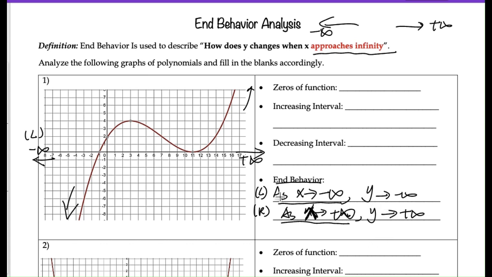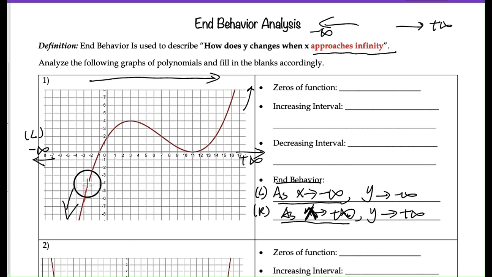Okay, so now I'm going to use a different color to review the idea we mentioned about increasing and decreasing intervals. When we talk about increasing or decreasing intervals, we always analyze from left to right. That's a little different from end behavior. For end behavior, we look at the two directions, but for increasing or decreasing, we check from left to right. So let's trace the graph.